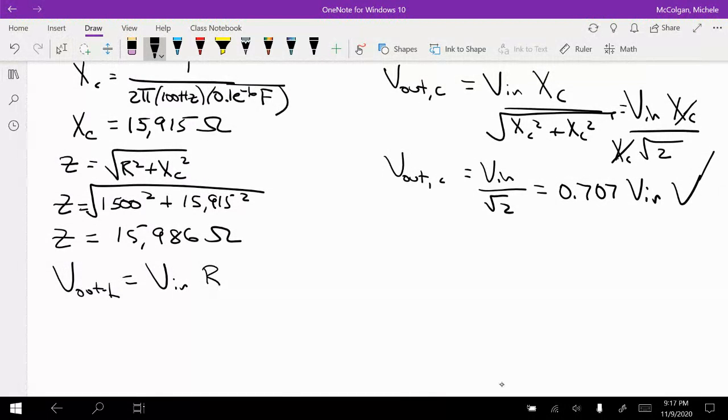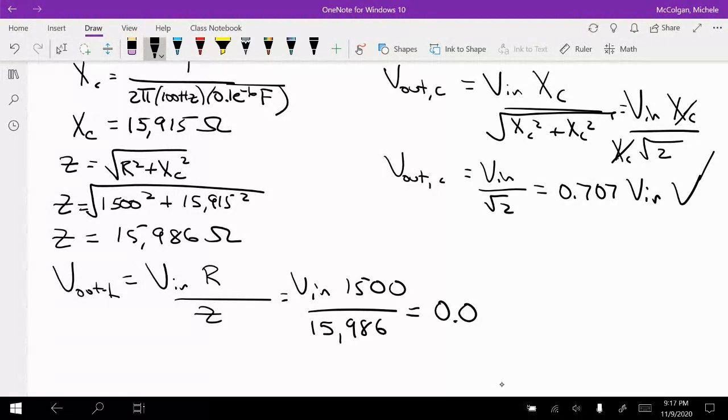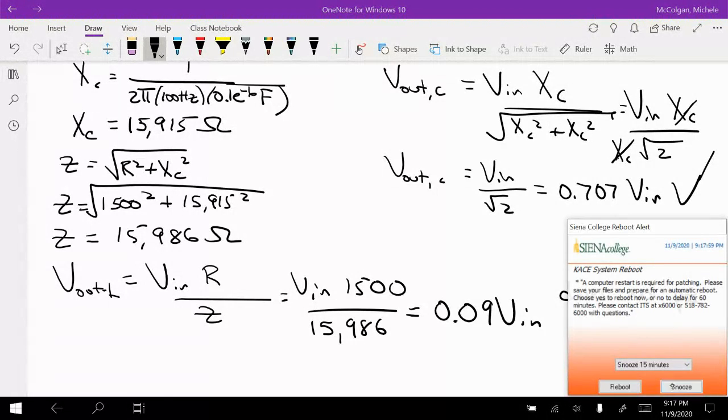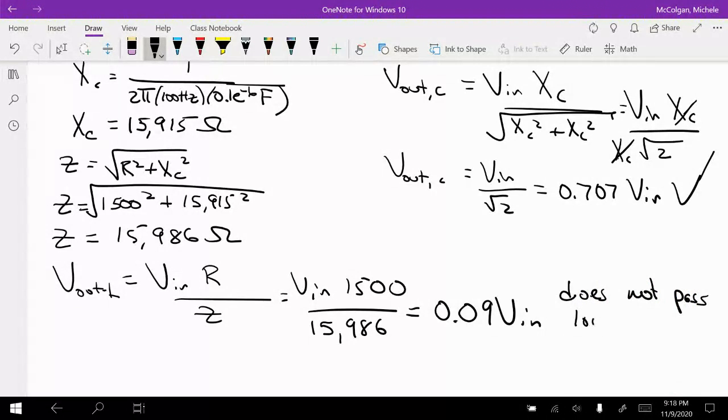So that is just my R over Z, which is V in times R over Z. Let me plug in my R value: 1500 over 15,986, and this is equal to 0.09 V in. So it does not pass low frequencies.